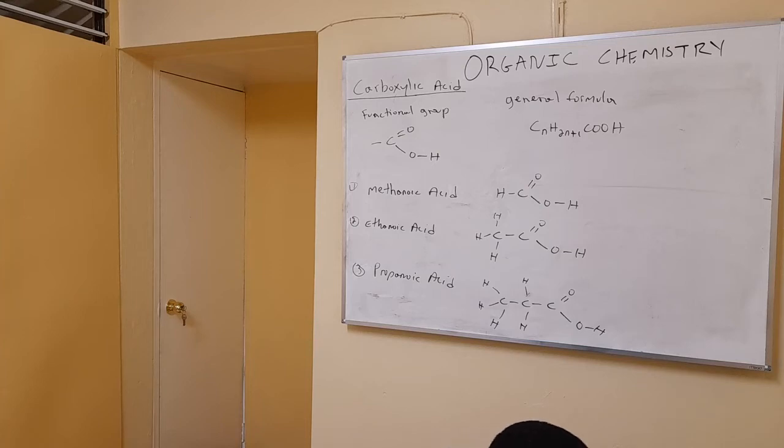So even when I was branching it, you don't need to know that for CSEC, but it's good knowledge to have. So we don't need to know the one that I'm giving you with the branch, with the alcohol. You don't need to know that.